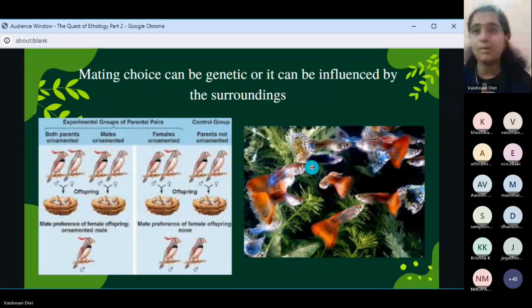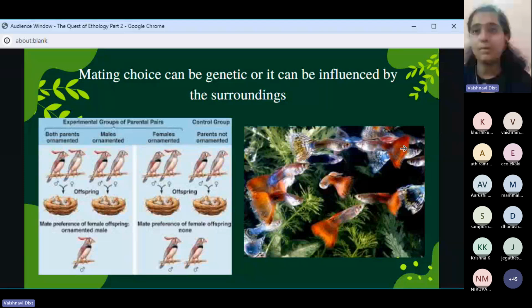So mate choice can be influenced by either genetics or surroundings. And there are also competitions between the males for a female or between the females for a male, so the strongest one gets the mate. So this is how mating choice exists.